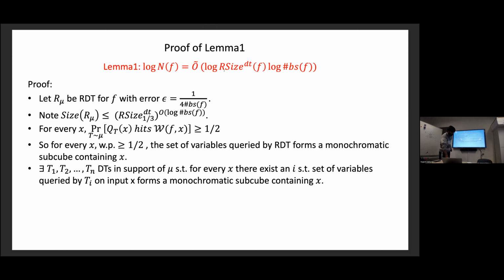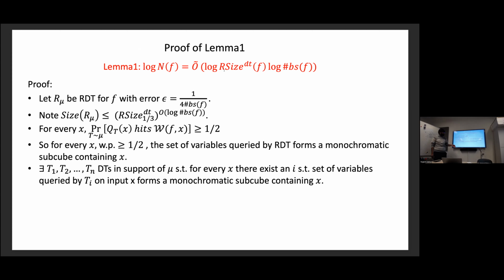So what this says is that with probability at least 1/2, the set of variables queried by the randomized decision tree will form a monochromatic subcube containing your input. Okay. And for one input, with probability 1/2, I'm able to cover that input.